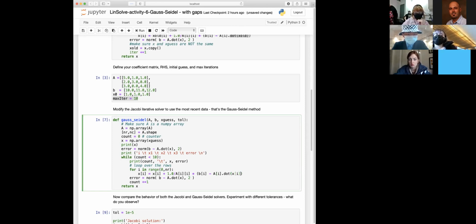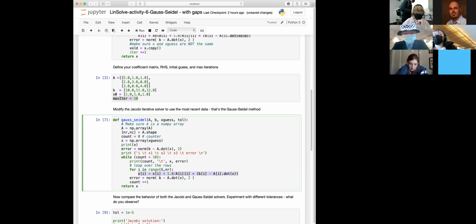Dot x, and you don't need xi because x is the entire solution vector. So what this has the effect of doing, because x is being updated as you go, okay, this would pick up the most recent values that you've computed, okay, and that you've filled in inside of x.